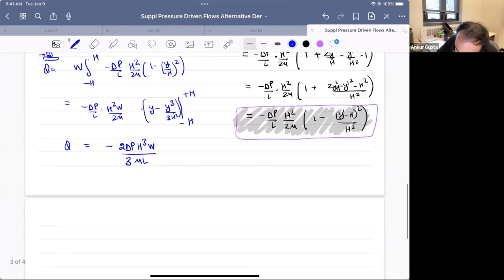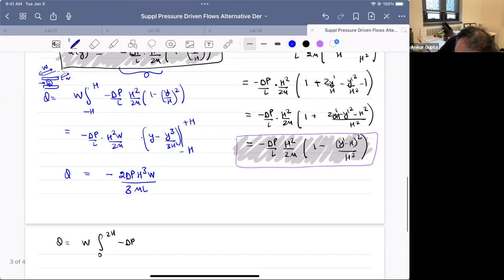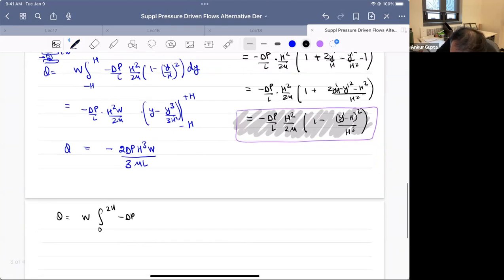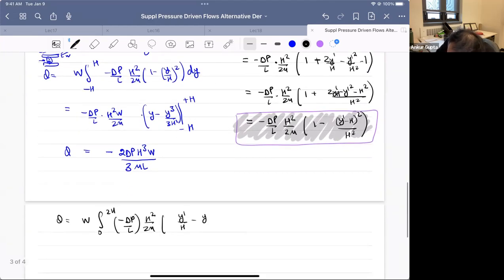And I can do the same calculation, but now going from 0 to 2h, but with y prime. So minus delta p by L, h square by 2 mu into 2y prime by h minus y prime square by h square dy prime.